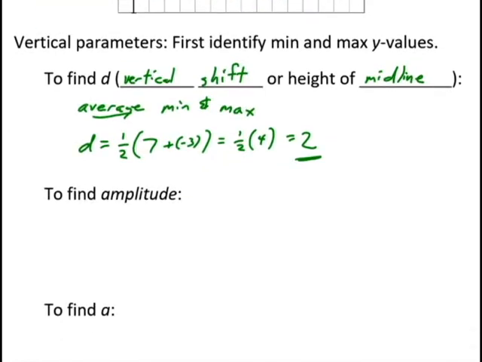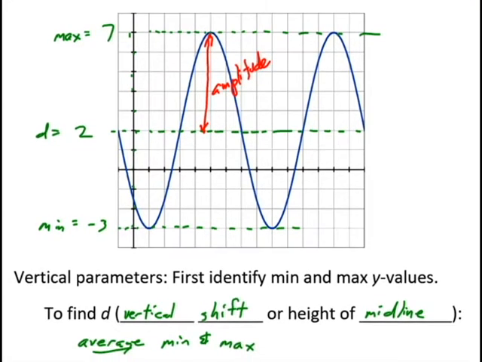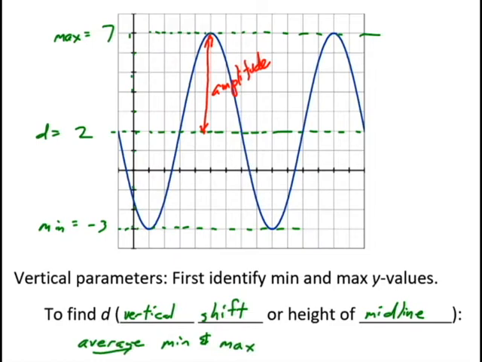The next piece we're going to look at is the amplitude, which is going to be related to the vertical stretch factor. That's going to get us the A parameter. Remember that the amplitude is the height above the midline. To find that, we'll simply subtract the midline value from the maximum.